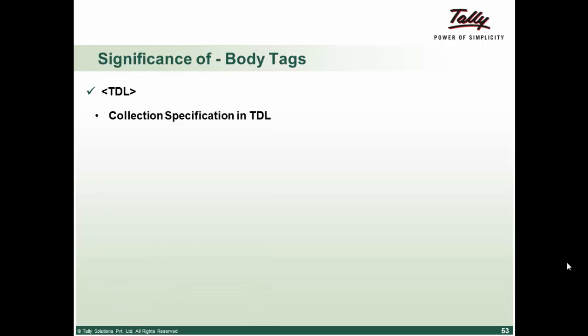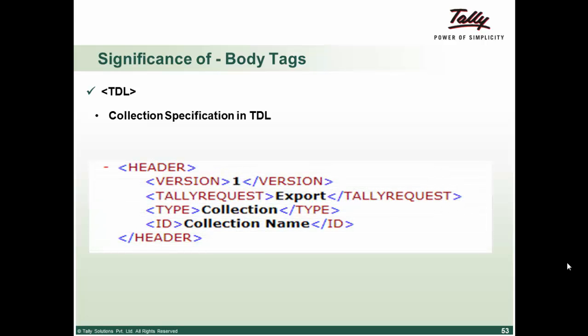Now coming to the discussion on the collection specifications in TDL. At the header, it is necessary to mention Tally request as export. Type would be collection and ID would be the collection name.